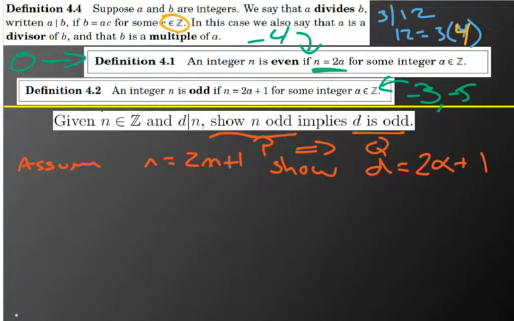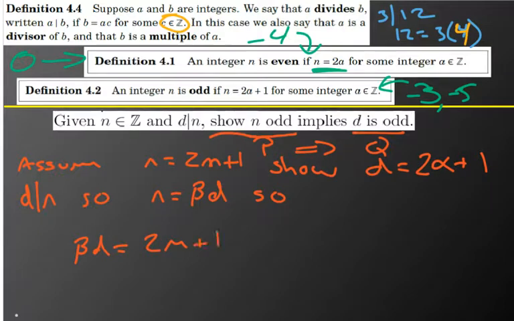The only thing I have is that D divides N, so that means that N equals something, I'm trying to think of another letter I haven't used, we'll use beta. Beta times D. So I could say that beta times D equals 2M plus 1.